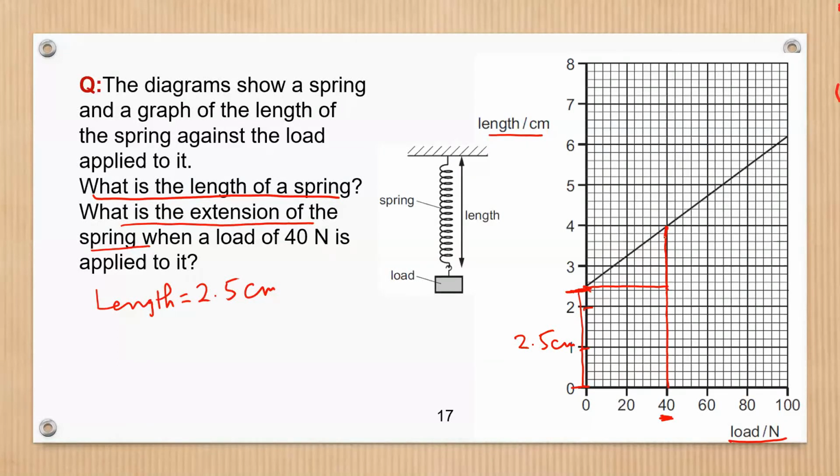So extension equals 4 minus 2.5, that equals 1.5 centimeters. So the spring will extend only 1.5 centimeters by applying the force of 40 newtons to the spring.